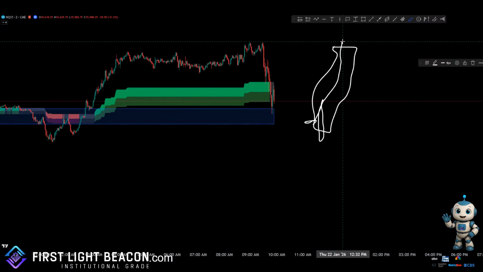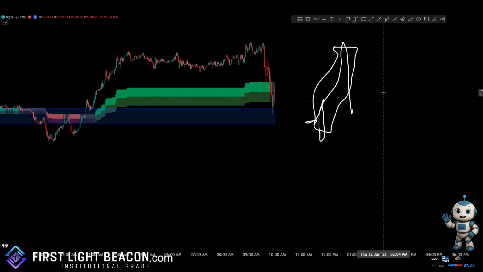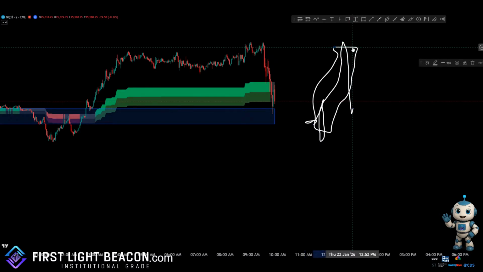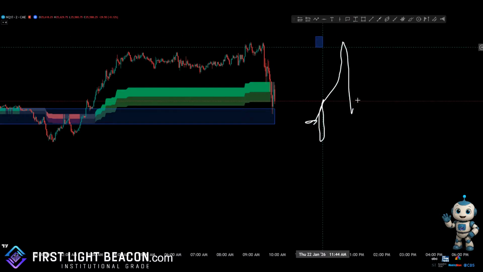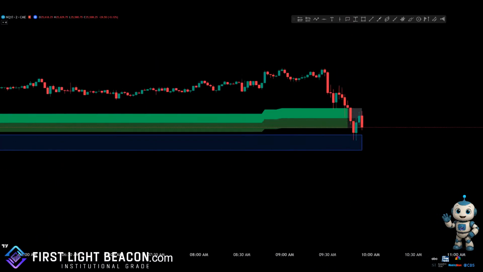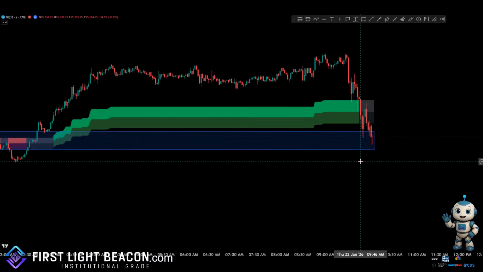And then it just eats itself away until it comes back down to the open, but it never breaks the low of that candle. The easiest way to spot that, with our system anyways, is to pay attention to what the daily zone's doing. If the daily zone is not doing what price is doing, then it's not the move, right?